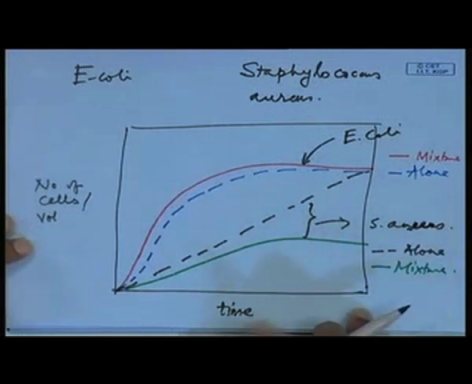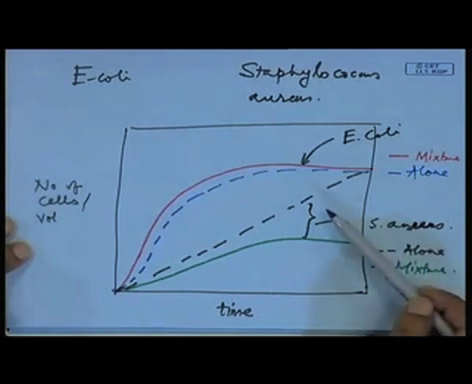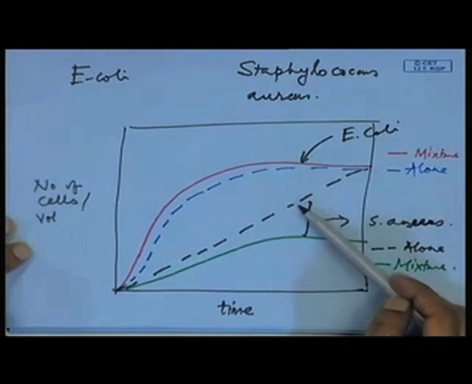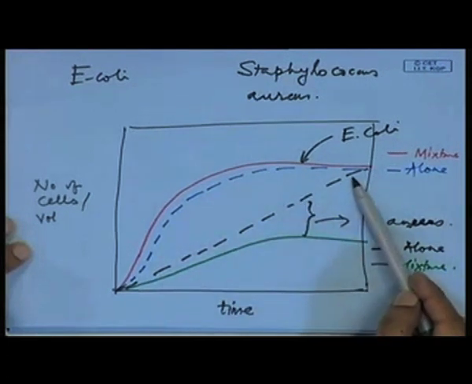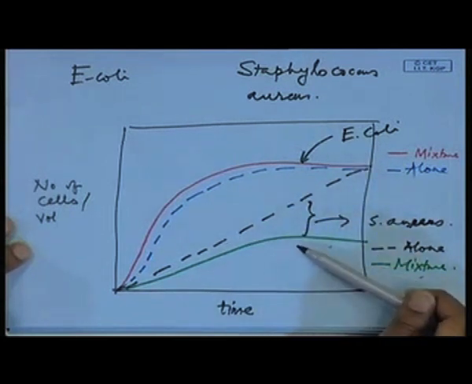So, if you look at this curve, what is it that you find? What you find is that when Staphylococcus aureus is allowed to grow alone, this is its growth rate, which is pretty high. Now, when you allow it to grow in a mixture with E. coli, its growth rate decreases substantially.